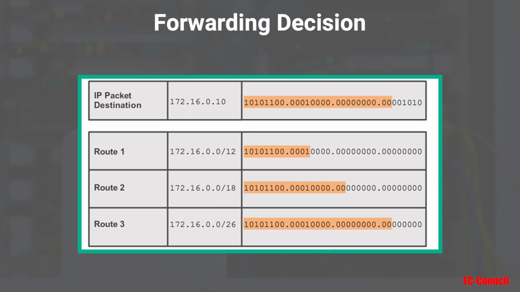So therefore, route 3 will be the route the router will choose to forward this message to, simply because route 3 has the closest possible match to the destination IP address found within this incoming packet.